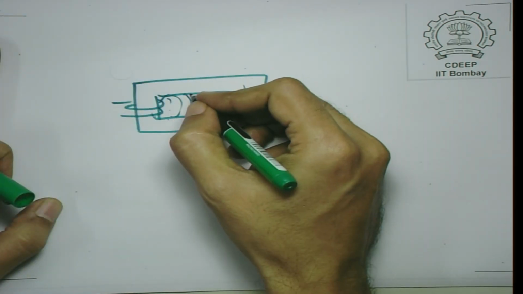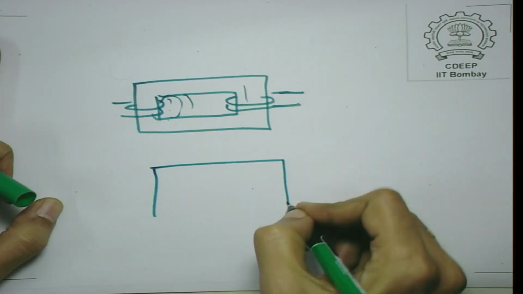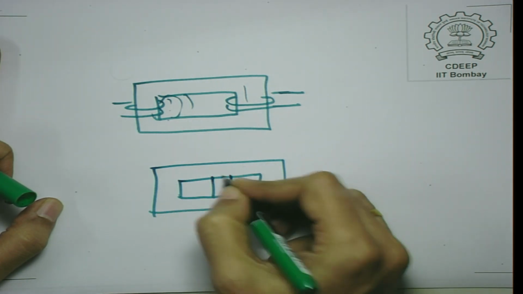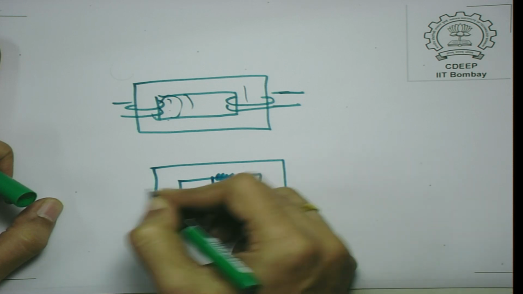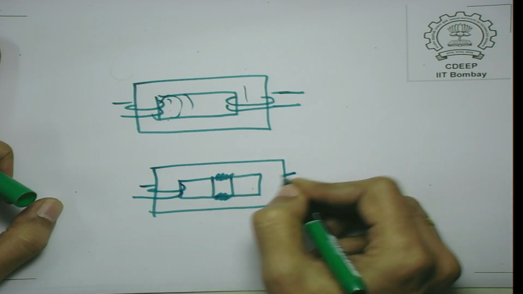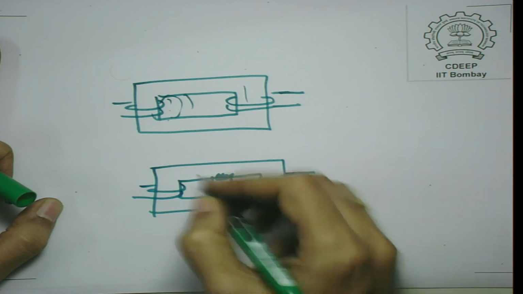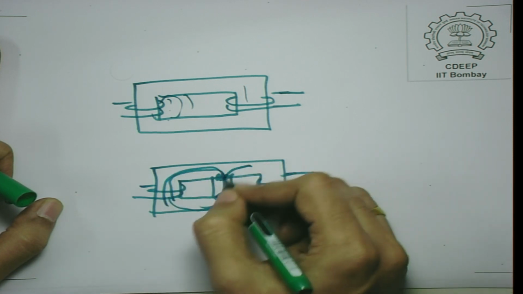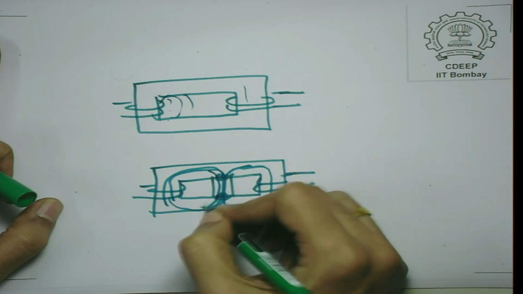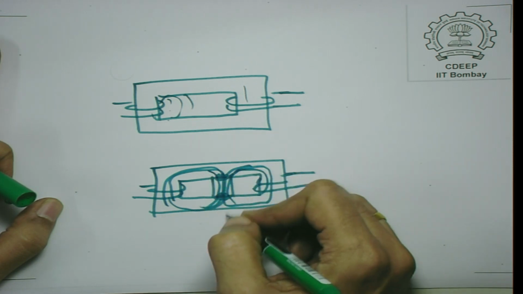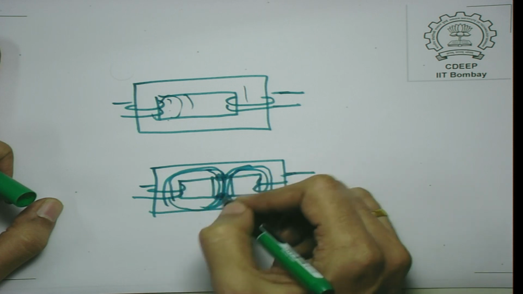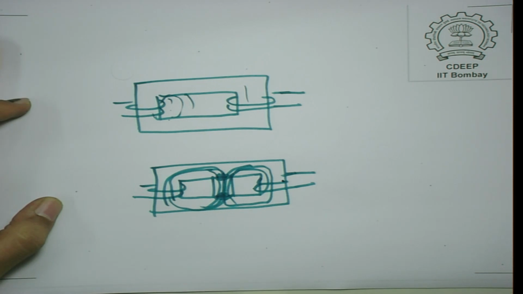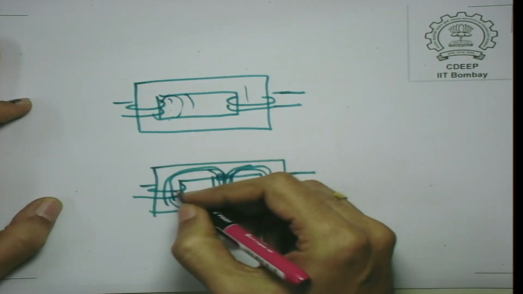Now, what if I actually have a transformer in which I wind the coils in this fashion? You can have flux paths like this through the ferromagnetic path, and this flux here will not link with the flux here. So a significant component of flux will flow through these paths.